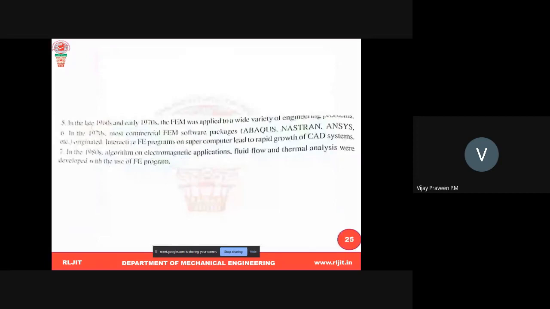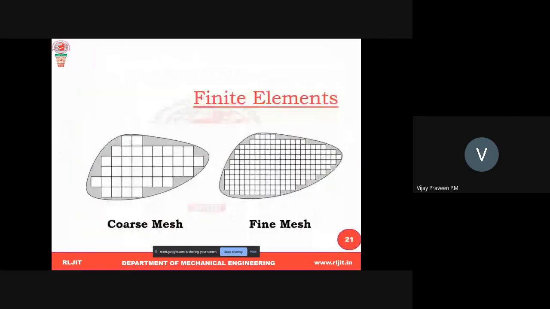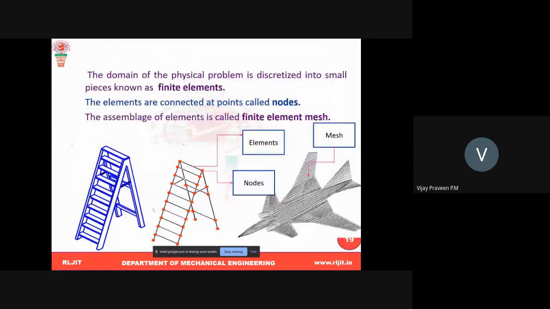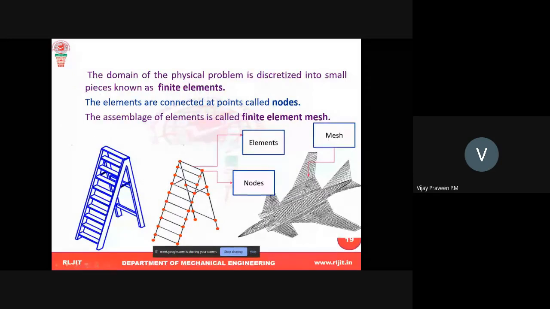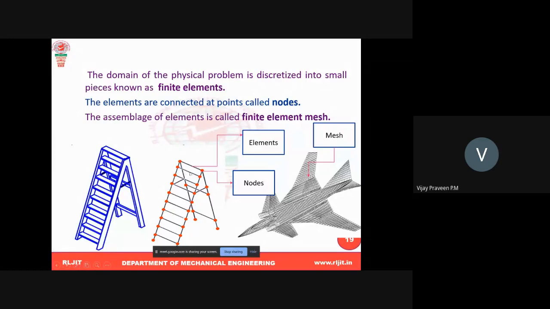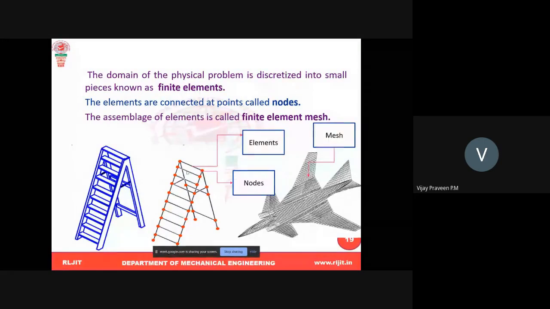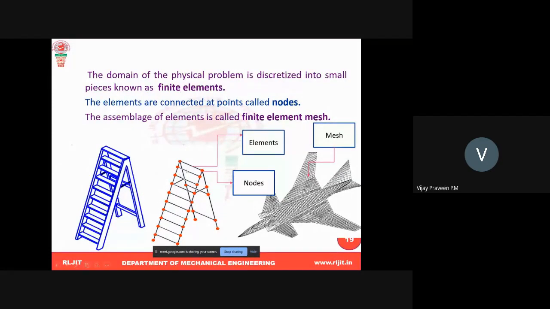In FEM, it calculates the values at the nodes, but if you want the result somewhere in between inside an element, you can use the interpolation function. That is the very great advantage. But in the finite difference method, it calculates only at the nodes.